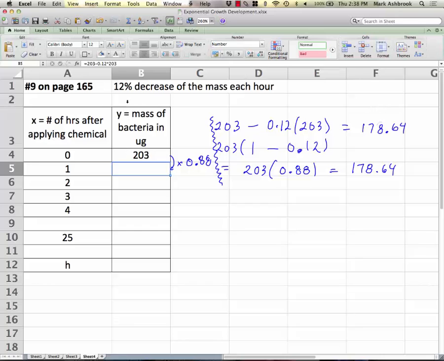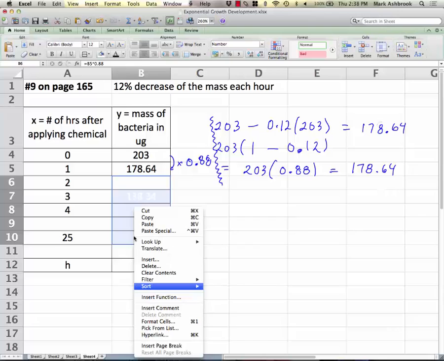Okay, so I'm going to use my spreadsheet to do that. Watch. So I'm going to say this cell equals the cell above, right, times what? 0.88. But it's got to be turned on. So I'll clear the contents here.